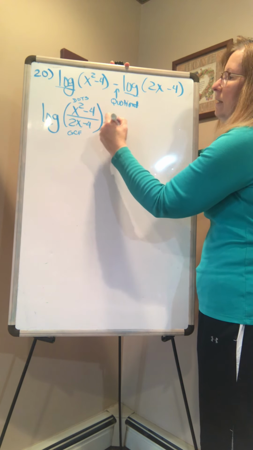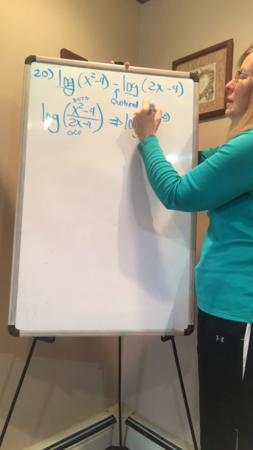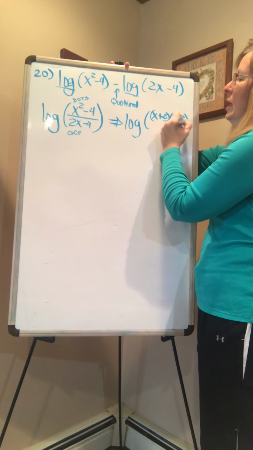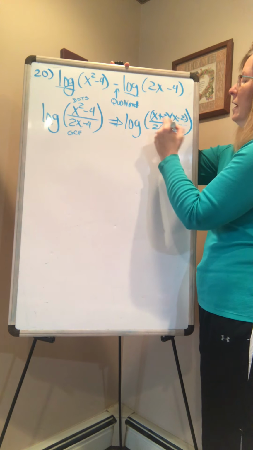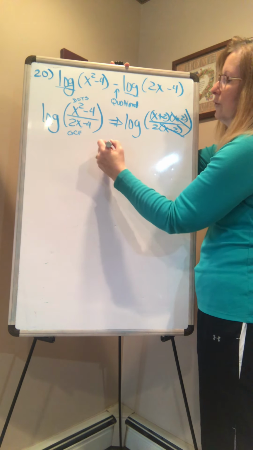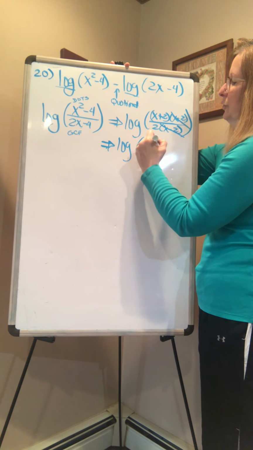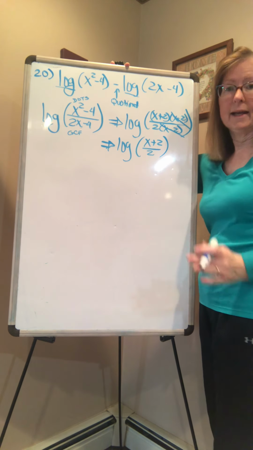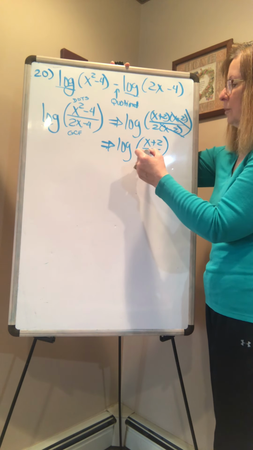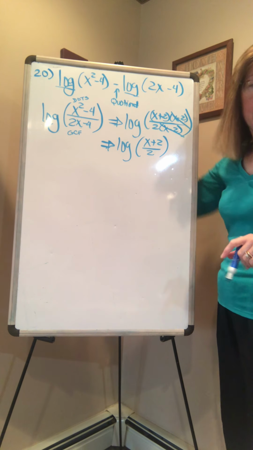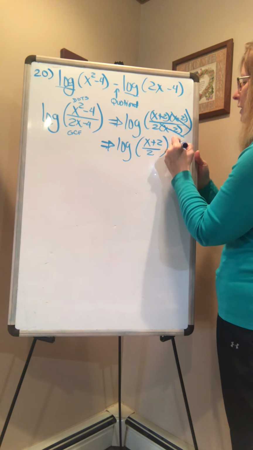So if I factor, I have the log now of x plus 2, x minus 2, over 2 times x minus 2. These guys cancel, so this simplifies to the log of x plus 2 over 2. I cannot reduce the 2's. If you remember going back to when we did this, polynomial, monomial, you're not the same. It cannot be reduced any further, so this one is also choice 3.